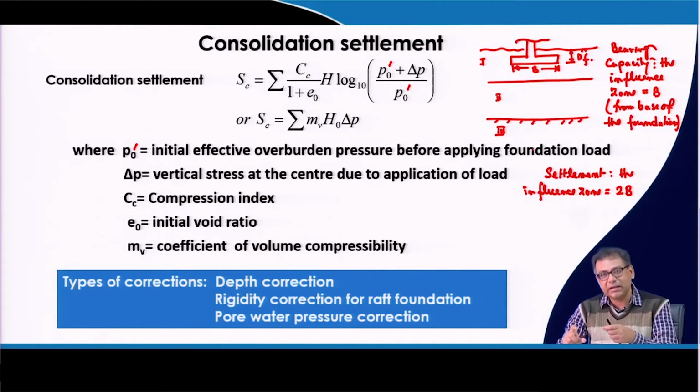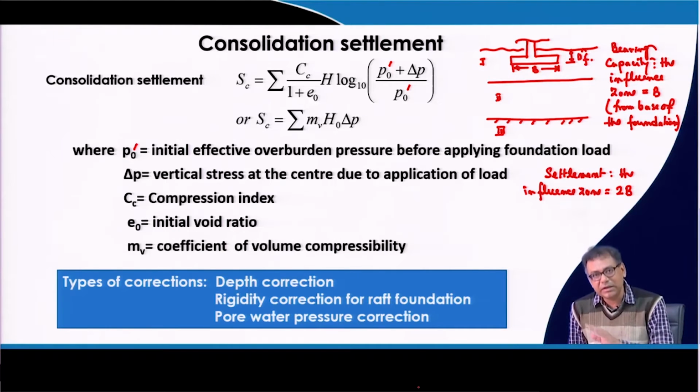In such a case your influence zone will be up to the rigid strata, that means from the base of the footing to the rigid strata, even if that thickness is less than twice B. That thickness may be, say, 1.5 B, because the remaining 0.5 B portion is within the rigid zone. So in that case you do not consider the 0.5 B zone, only the 1.5 B zone, or 1.25 or 1.75, whatever it is.